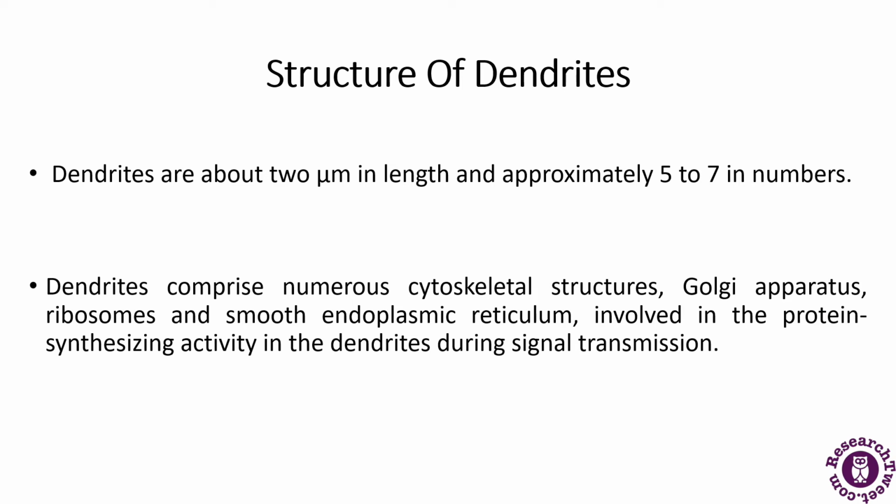Structure of the dendrites. Dendrites are about 2 micrometers in length, and about 5 to 7 in number. In the next slide, there is a structure of a dendrite being shown. They usually project from the soma and branch extensively. Thus, they typically form a tree-like arborization around the neuron, which is called the dendritic tree.